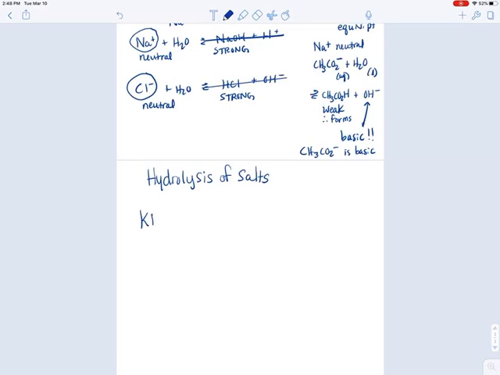And so we have a couple more examples here. Let's say that the salt in question is potassium nitrate. Is it acidic, basic, or neutral?